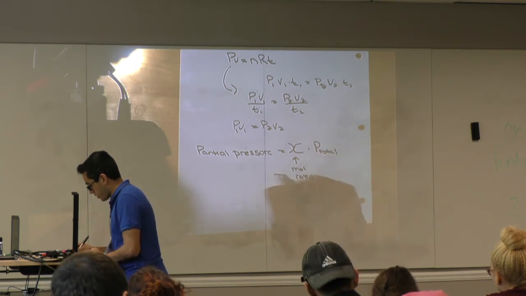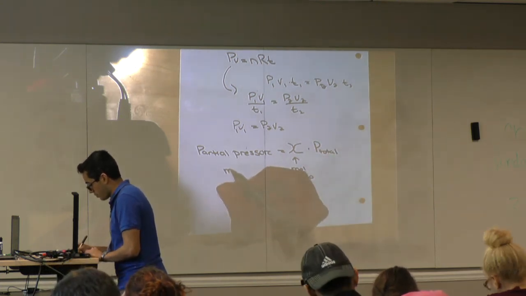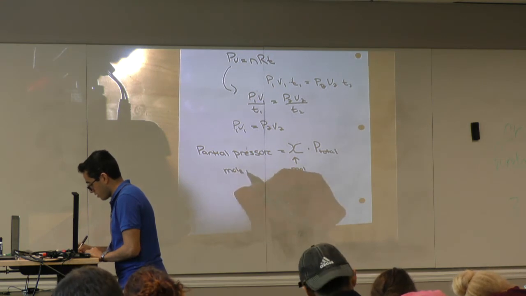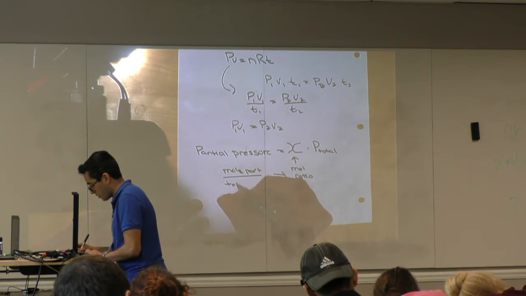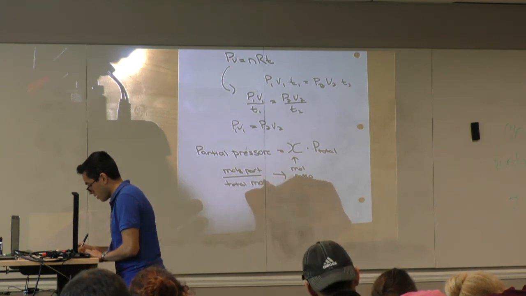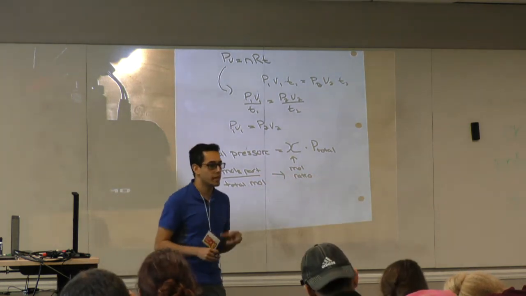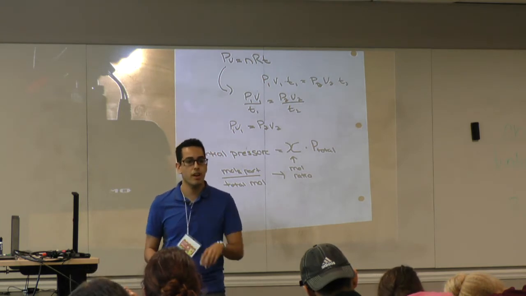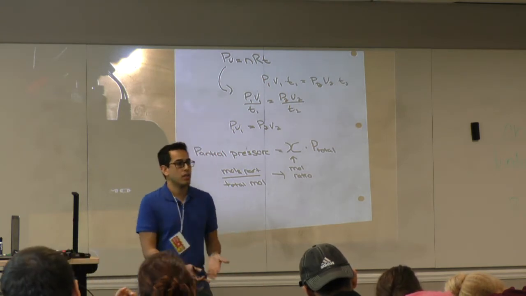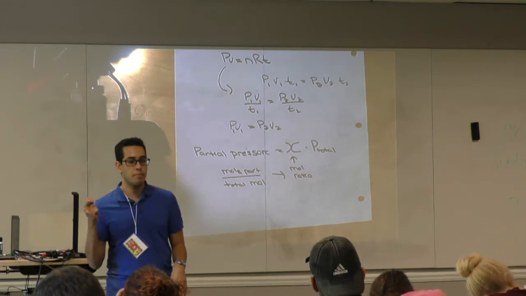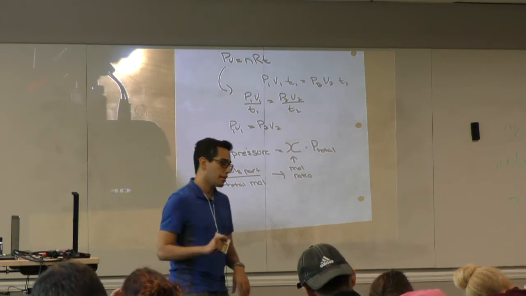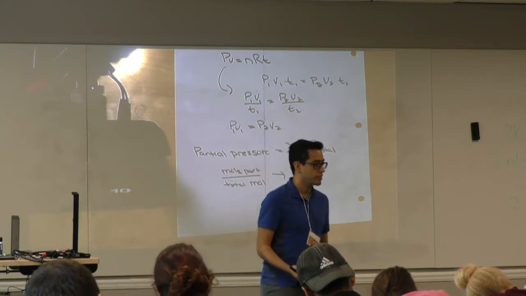The mole ratio can be solved just by the moles of the part divided by total moles. So you find the moles of the gas that you're looking for divided by the total moles of all the gases combined. That gives you your mole ratio. You multiply that by the total pressure in the system, and that will give you your partial pressure.